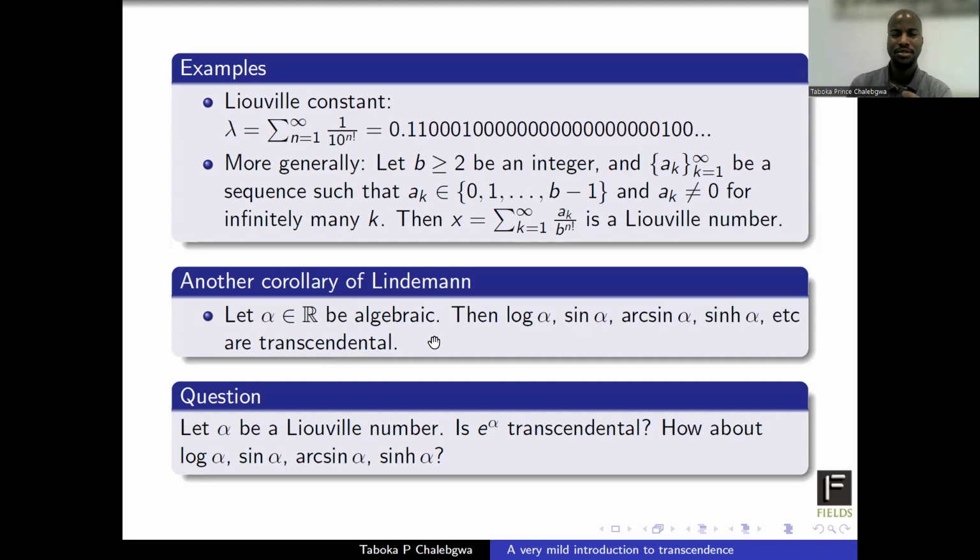This is not too difficult to deduce. Once you encounter complex analysis, you will see that all of these functions can actually be expressed in terms of the exponential function e to the z. They can all be expressed either in terms of the exponential function or the inverse of the exponential function, the logarithm function. In fact, they are expressed in terms of rational functions or polynomials in e to the z and e to the minus z, combinations of that.